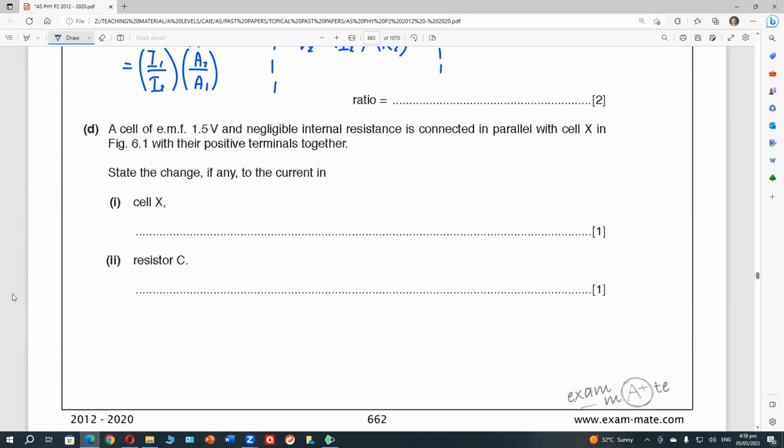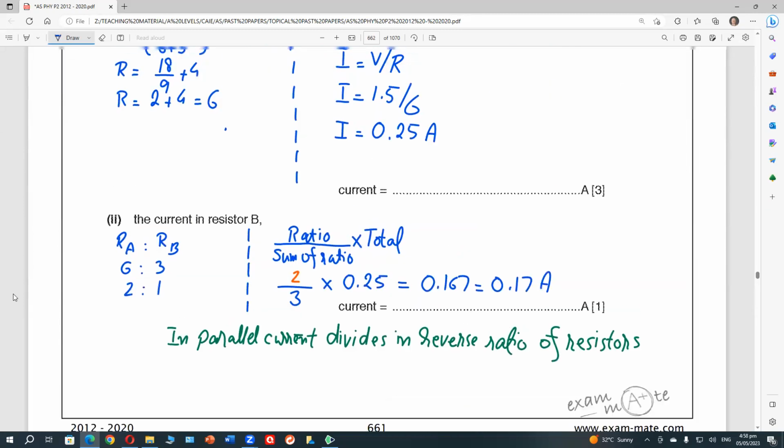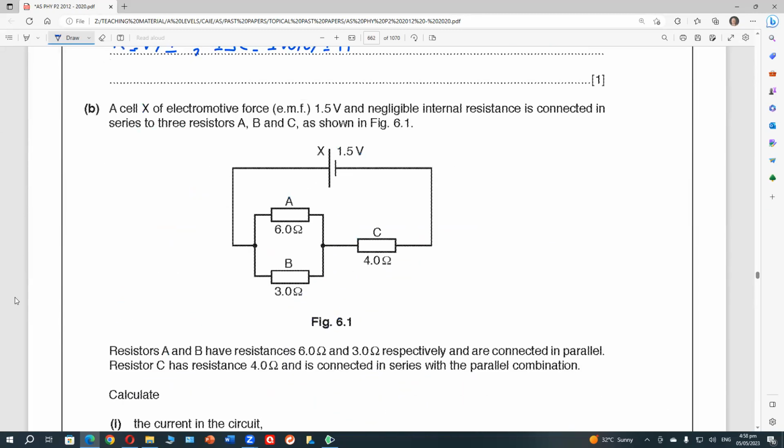A cell of EMF 1.5 and negligible internal resistance is connected in parallel with cell X in figure 6.1 with their positive terminals together. So he is connecting another cell here.